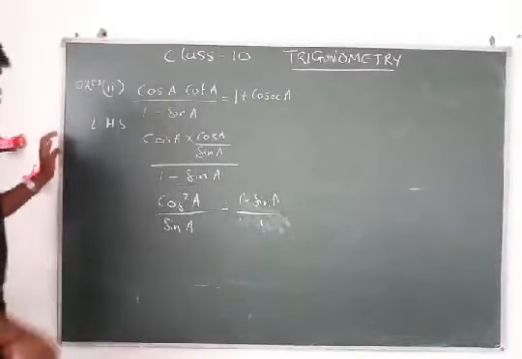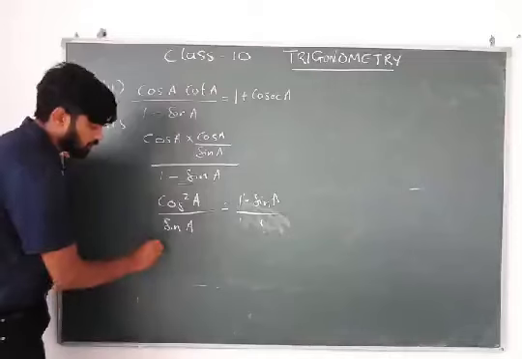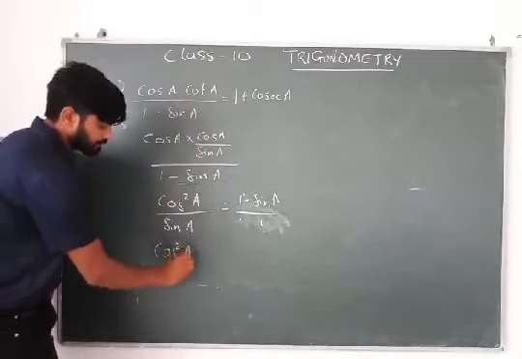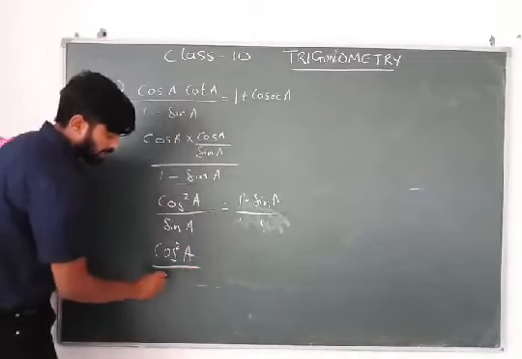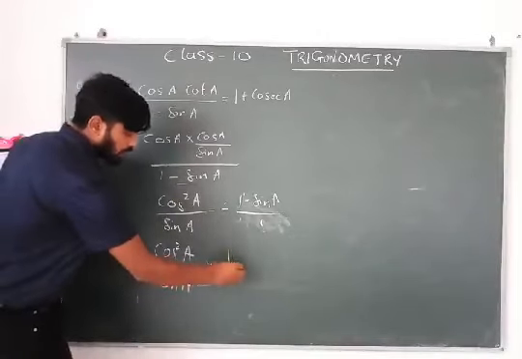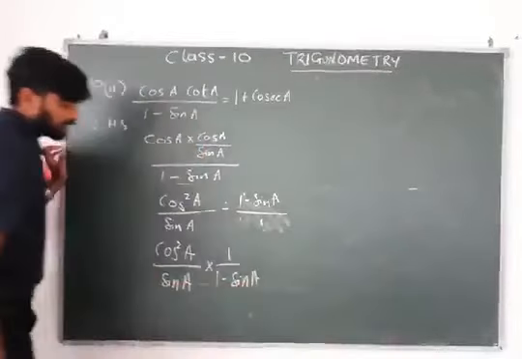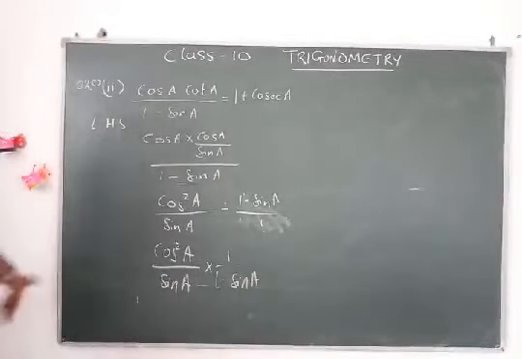Now this is getting divided by this, so it is going to be a reciprocal. So cos square A upon sin A into 1 upon 1 minus sin A, right?